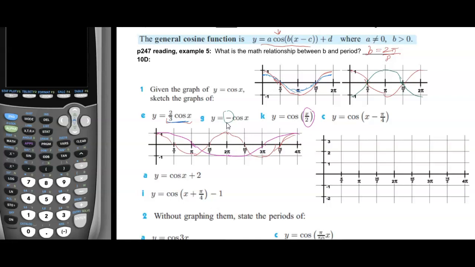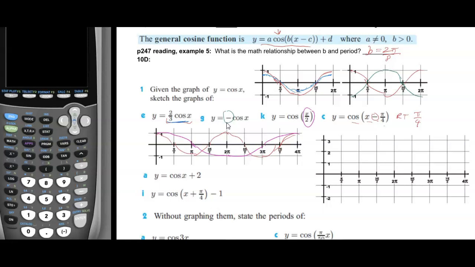And then finally, we're going to do cosine of x minus pi over 4. This would be a horizontal translation because it's inside parentheses, and plus or minus would be left or right. Since it's negative, you would think it would go to the left, but it's Zaha world, so it's going to go to the right. So we're going to shift right by pi over 4.